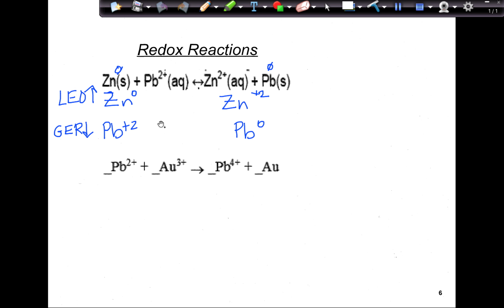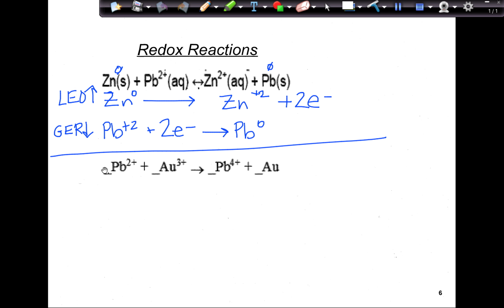Gaining electrons is reduction and the charge goes down. When we have that happen, for oxidation, the number of electrons goes in the products, and 0 to plus 2 is a difference of 2. For reduction, however many electrons are gained goes in the reactants, and because, again, it was a plus 2 to 0, it's 2 moles of electrons here as well.